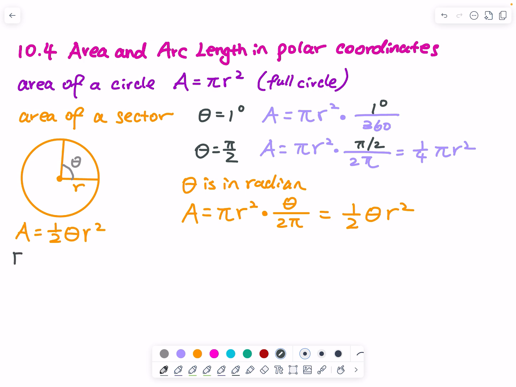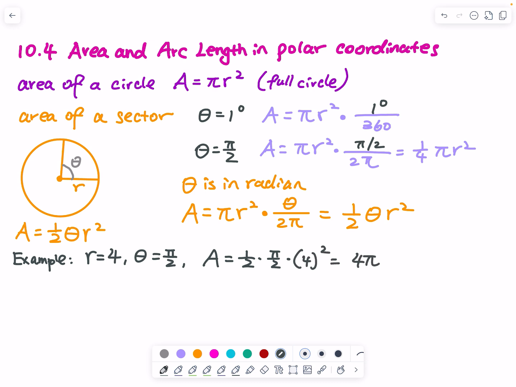Let's try to use this. For example, let's say I have a circle. The radius equals 4, and theta equals pi over 2. What's the area? There are two different ways to do it. The first way is to follow this formula, 1/2 times theta times r squared, which equals 4 pi.